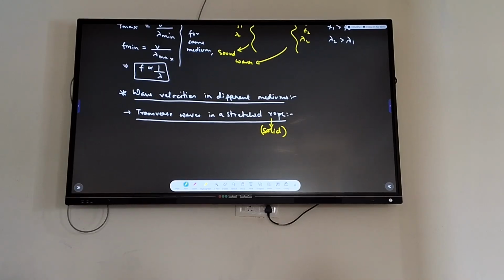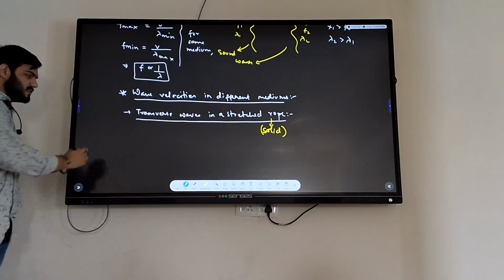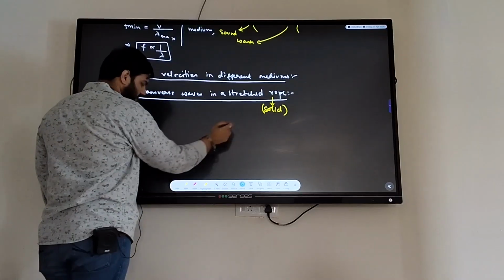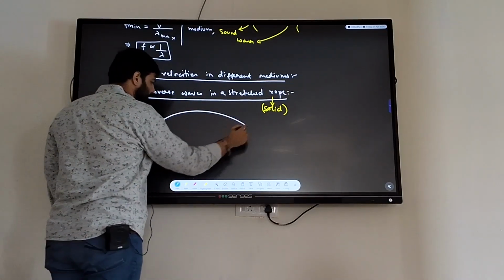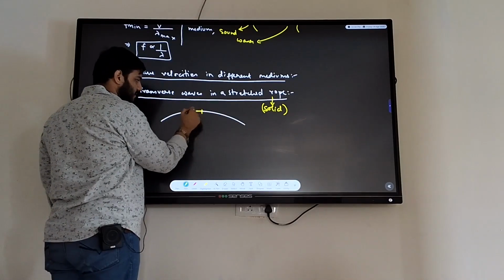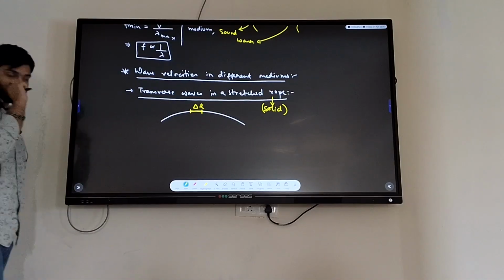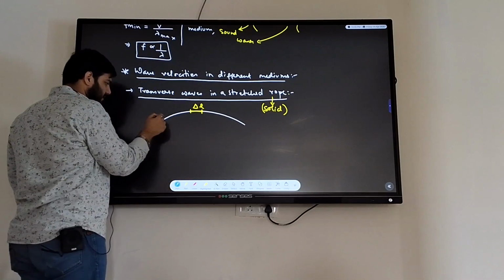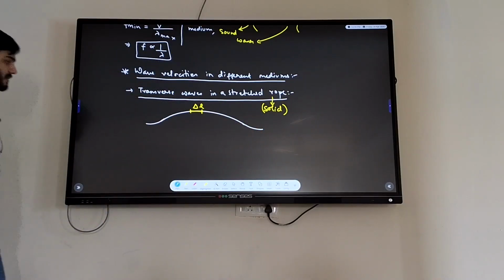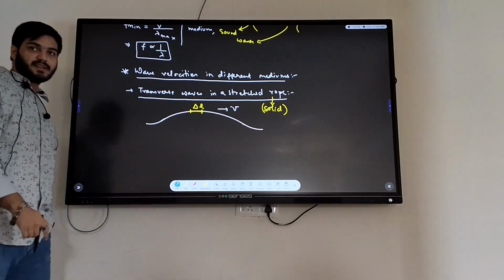So when you give a jerk like this, the rope starts moving like this. Let's consider a very small section of the rope, a part of a wave, approximately delta L. The rope is something like this, and the wave is moving in this direction with some velocity v, that is the wave velocity.